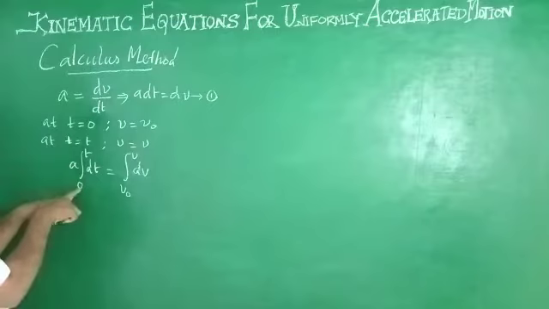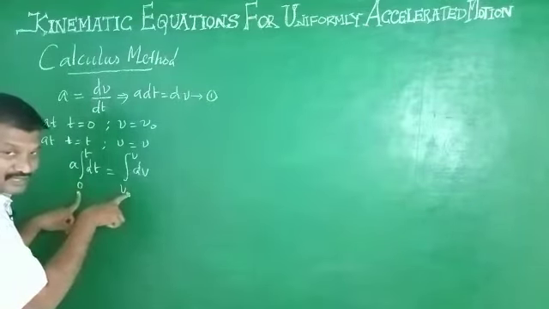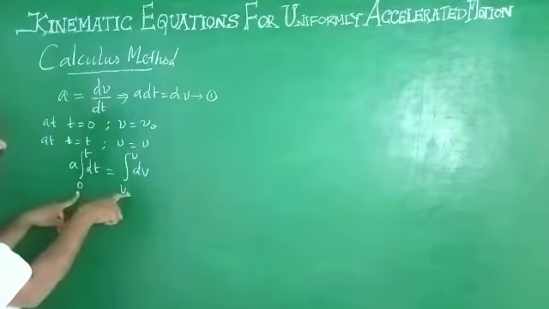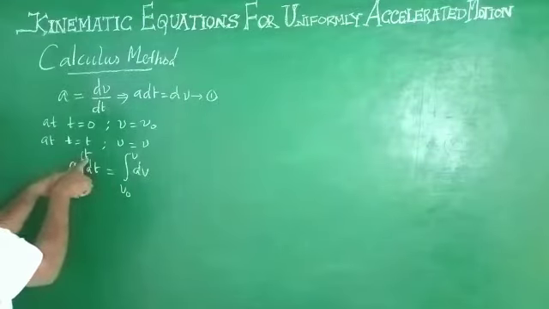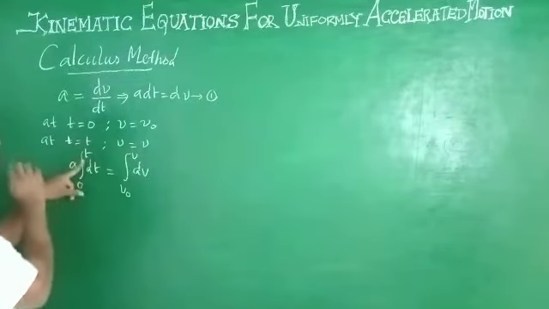Since at time t equal to 0, the velocity of the body is v naught, that is the initial velocity, and at time t equal to t, the velocity of the body is v.